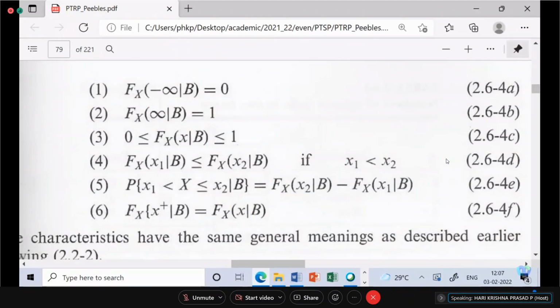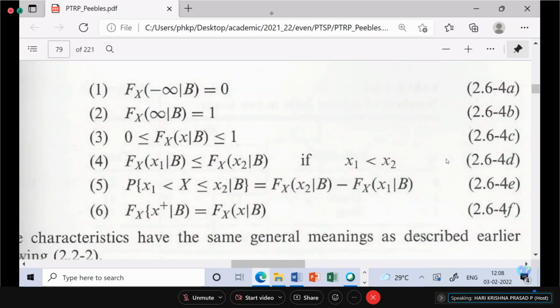In the argument we have the conditioning event. When we defined conditional probability, what we said was the conditioning event should happen with a definite probability, and the probability of occurrence of that event should not be equal to 0.